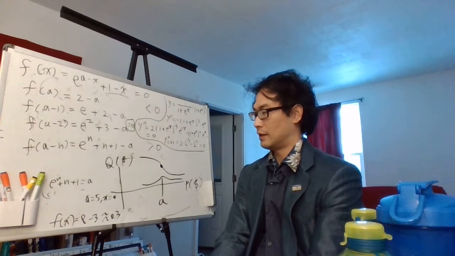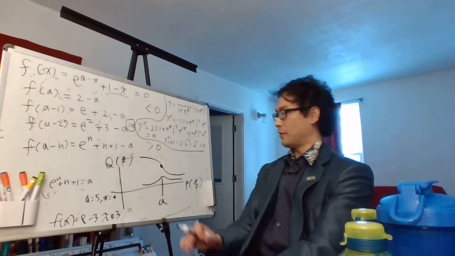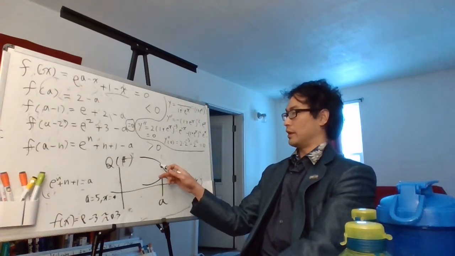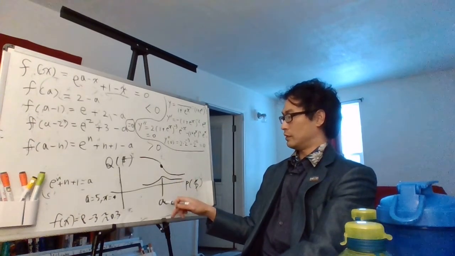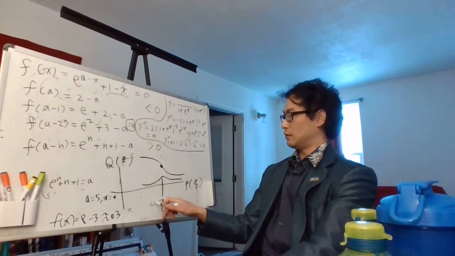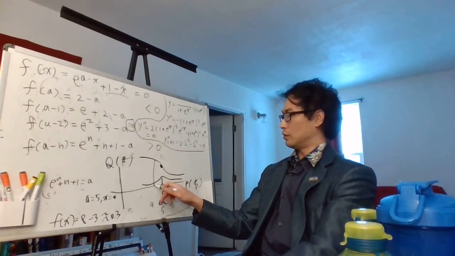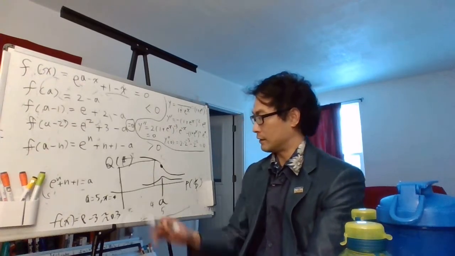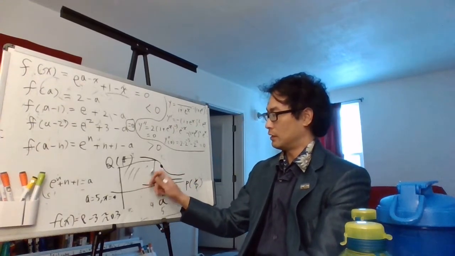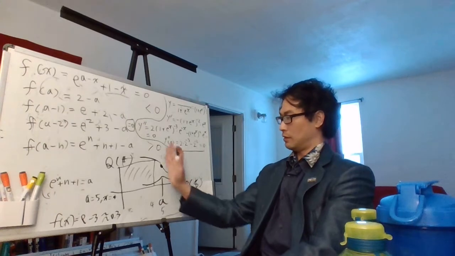So the profit maximization point happens about here. This is 5 and this is 4. So the rectangle under this curve is maximized over there.